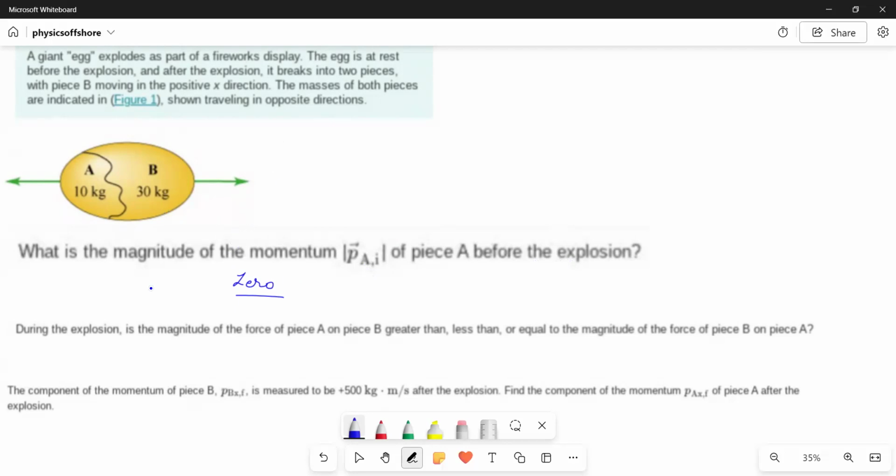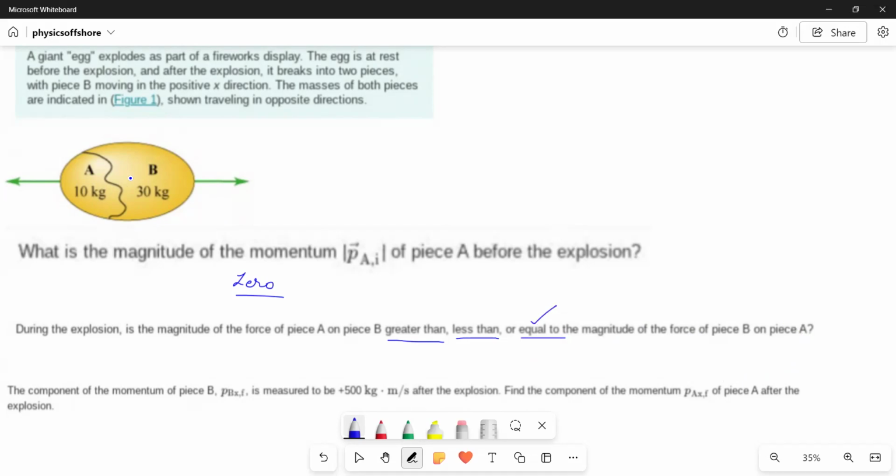Okay. Now, second bit. During the explosion, is the magnitude of the force of piece A on piece B greater than, less than, or equal to the magnitude of the force of piece B on piece A? It is equal to.